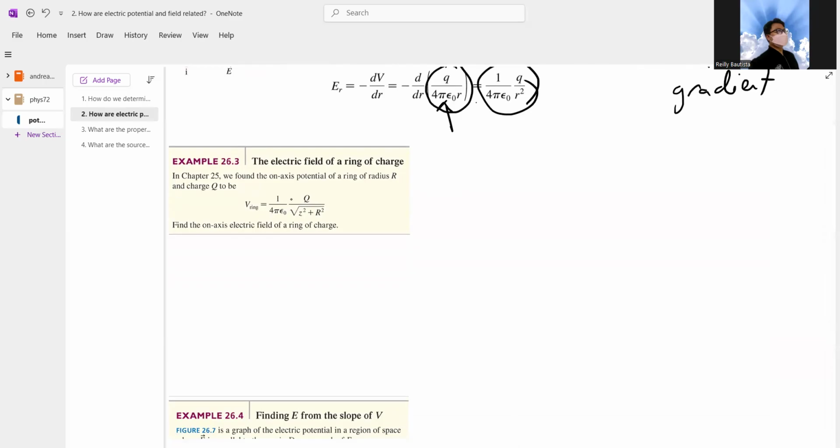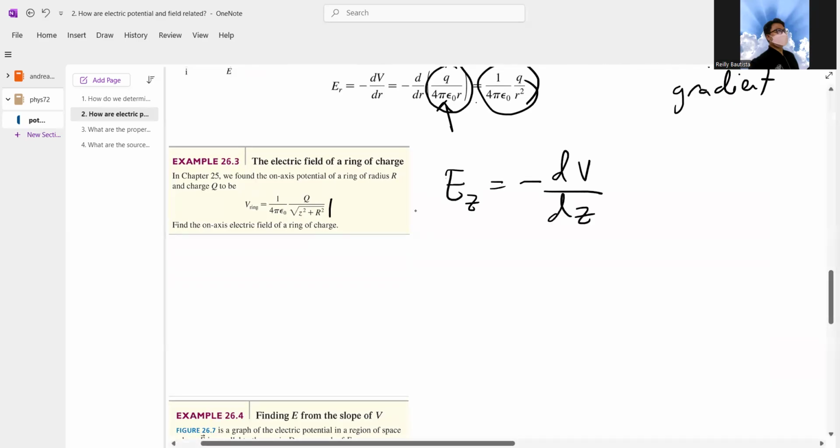We found the on-axis potential to be this one. We're already given the example: find the on-axis electric field. It's just along z. So electric field Ez is equal to negative dV over dz.